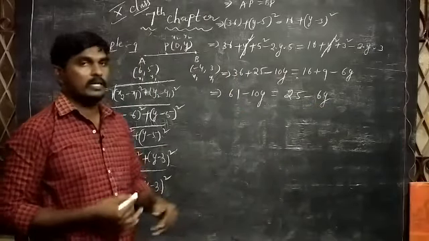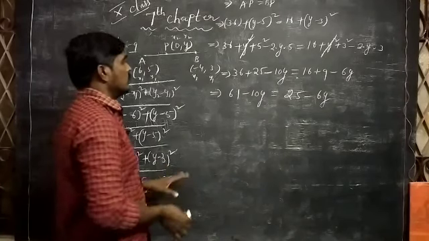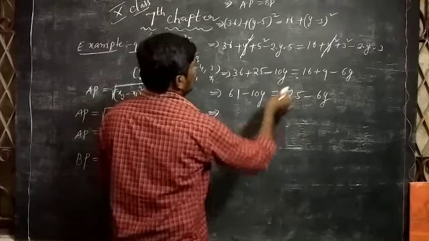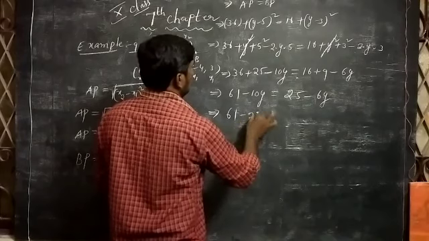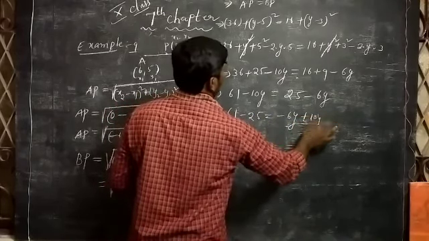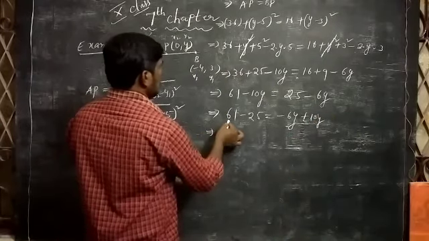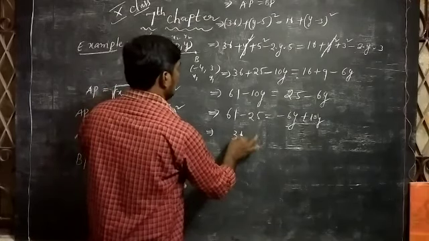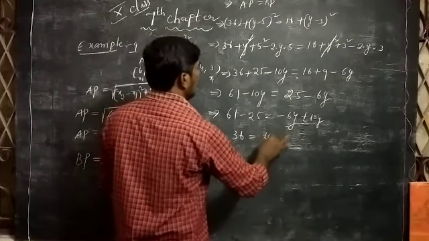Now y terms on one side and constant terms on the other side, we have to transpose. So minus 10y transposes to this side, plus 25 transposes to that side: minus 6y plus 10y. So 61 minus 25, how much? 36 is equal to minus 6y plus 10y, 4y.